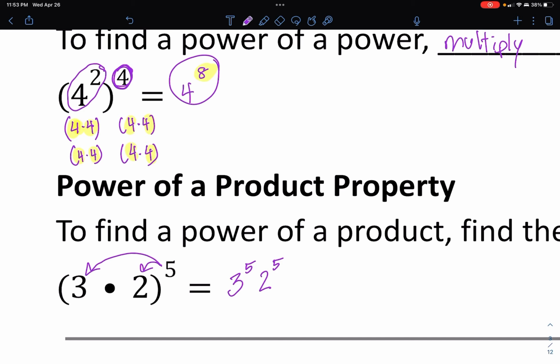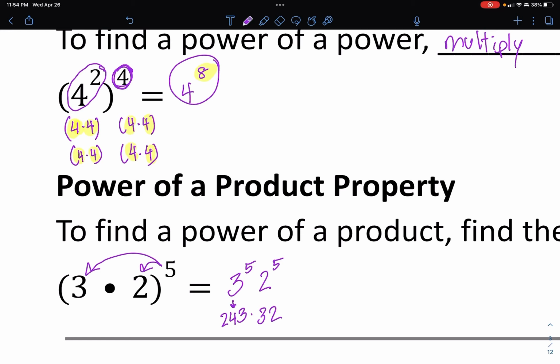So from here you have to evaluate this. 3 to the 5th is going to be 243; you could use a calculator to help you out. Then you have to raise 2 to the 5th power. It's not 253, it's going to be 32. I don't know why I wrote that.